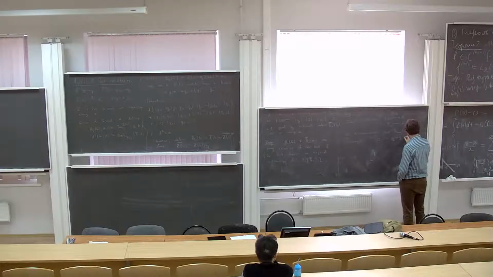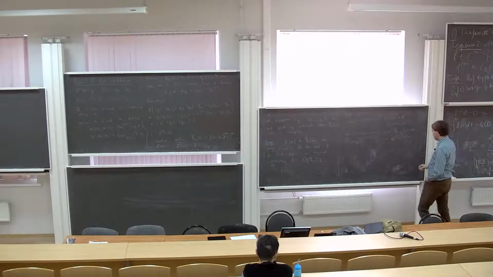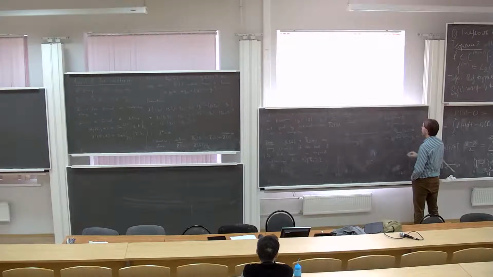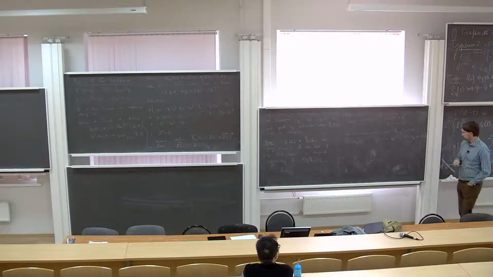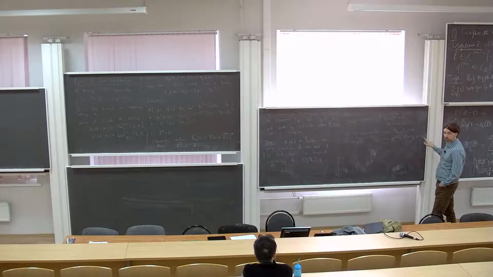Then alpha sends that to G1 times alpha of 1, which is A, minus alpha of 1, which is A. So the cocycle condition is that this is 0. Alpha is a cocycle precisely when this expression is 0.